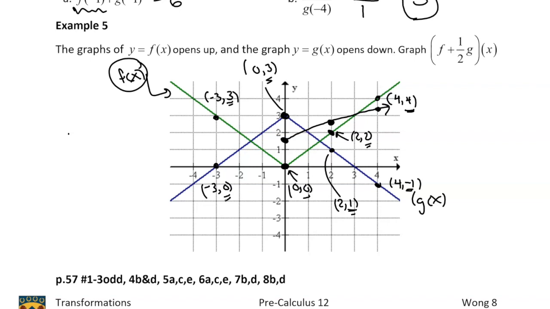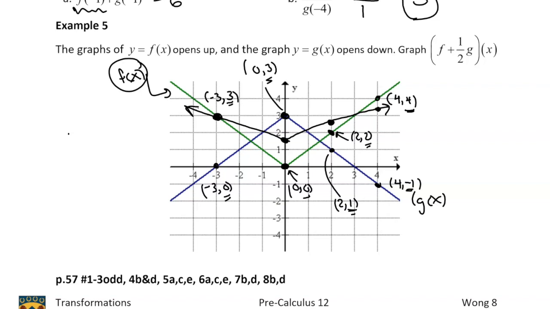So then I would create something that's going to actually stay right here. And if you feel good about that, it probably means that you have enough information to join it like that. But if you wanted to double check, we could always do another point and see if we're still on the right track.